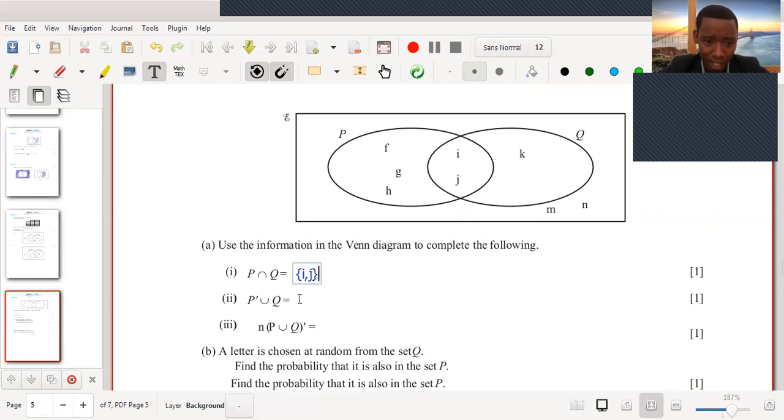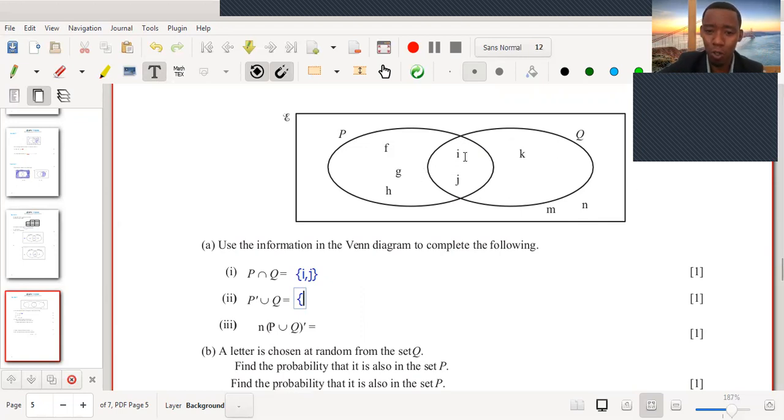It's very important. Then P complement union Q. When I say P complement, you understand it means everything which is not in P. So for P complement, I will not look at P. I just look at other values which are not in P. So I have K, M, and N. Then union Q. When I put also Q, I consider the whole of Q. Q will be this one here.